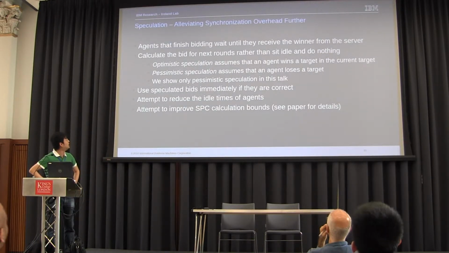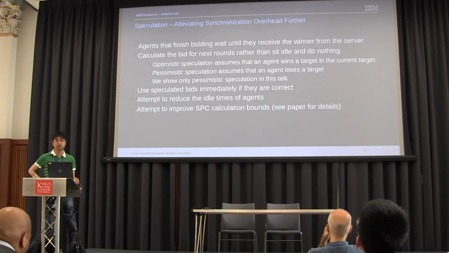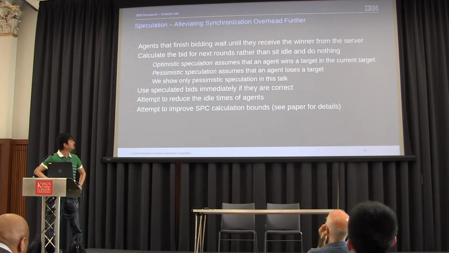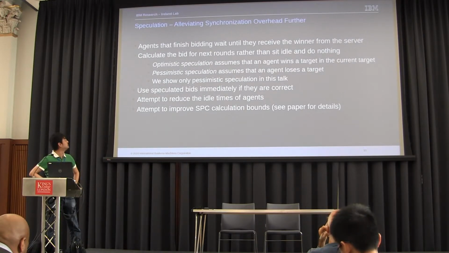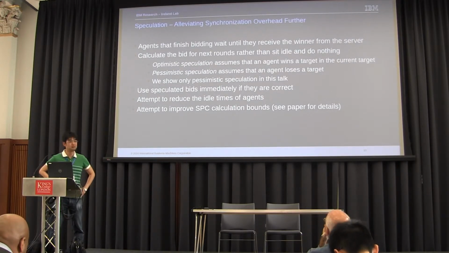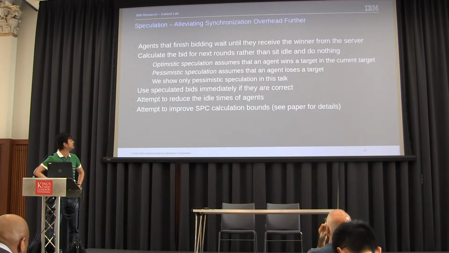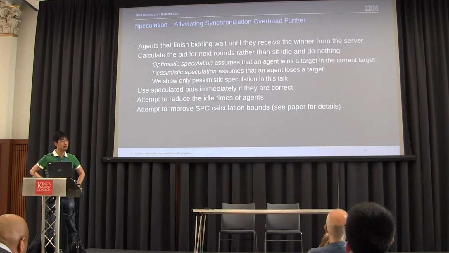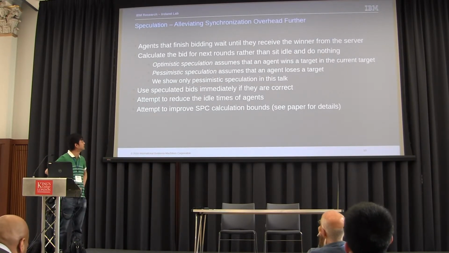Therefore, I'd like to introduce an approach called speculation. The idea is not to sit idle after agents finish bidding. Rather than sitting idle, they just speculate for the next round.